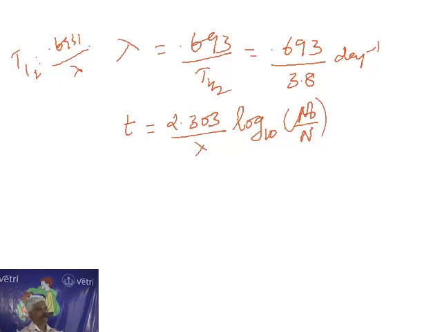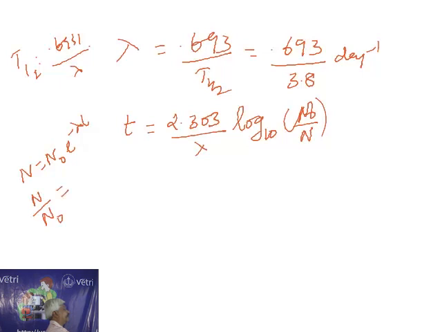That is the time taken, from N is equal to N naught e power minus lambda t, which I have used as the formula. N by N naught is equal to e power minus lambda t.